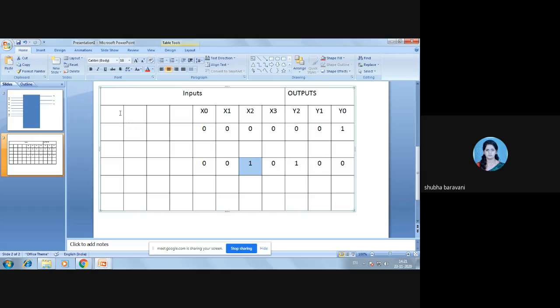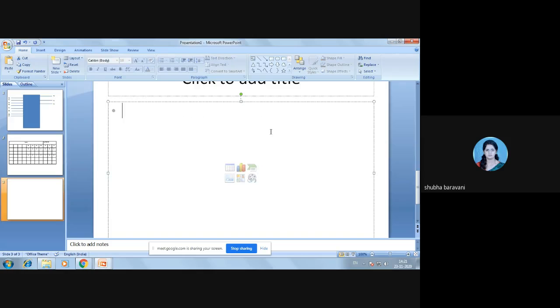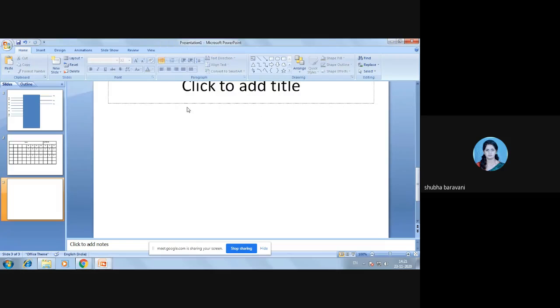Now, see here, if my input, or I'll draw a 4:2 encoder, sorry.